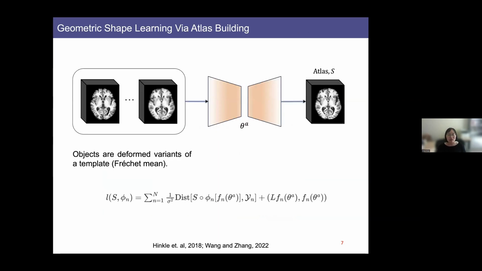The first initial work we did was trying to derive all these global deformable shapes from images. If we have a group of images, we have a reference, which is a template. Then we derive all this geometric shape information parameterized by deformations, through the atlas building network.